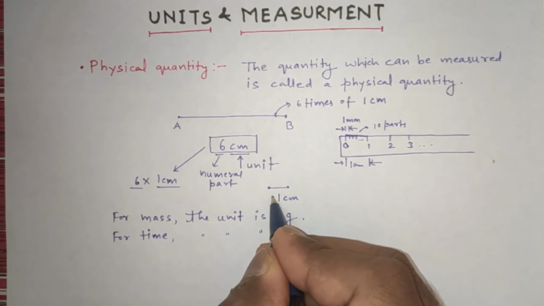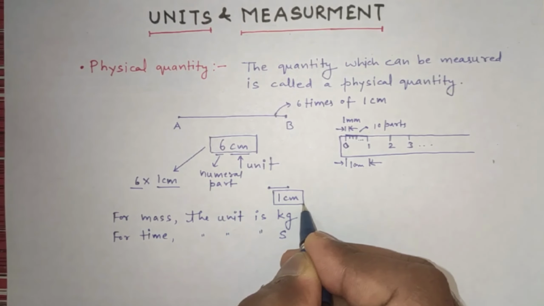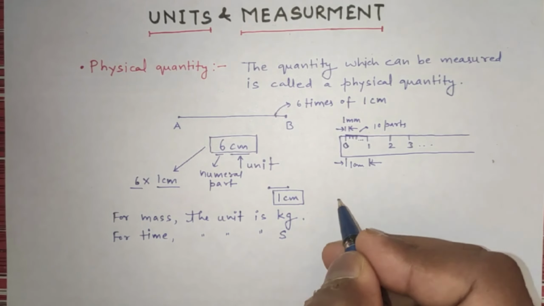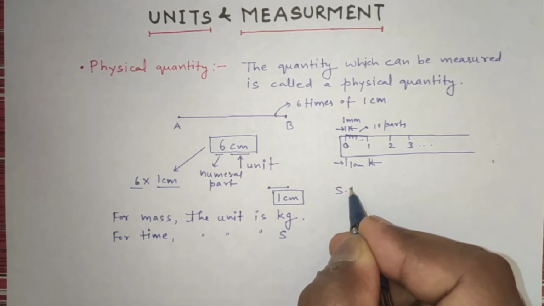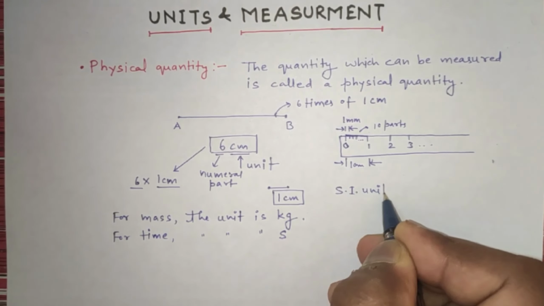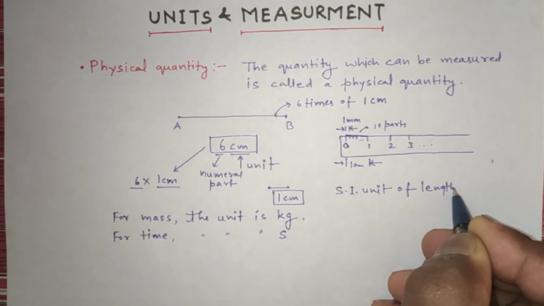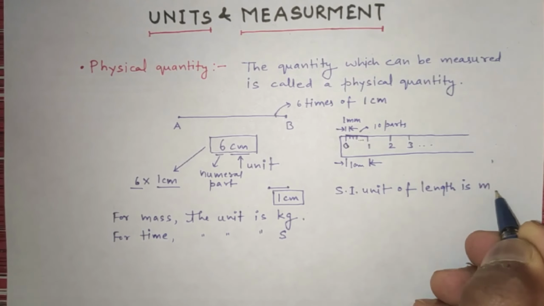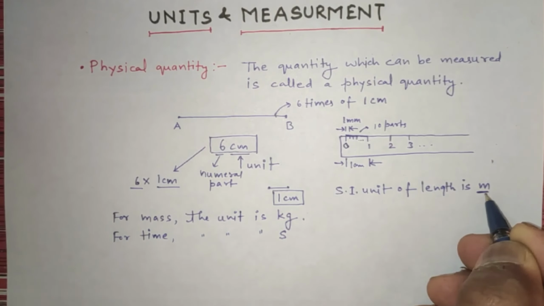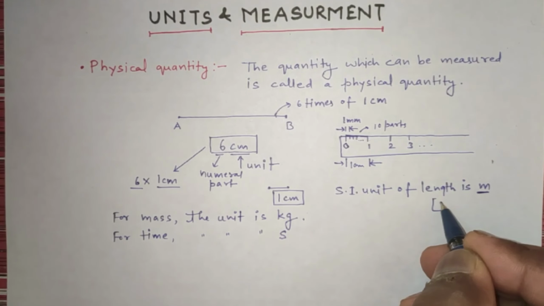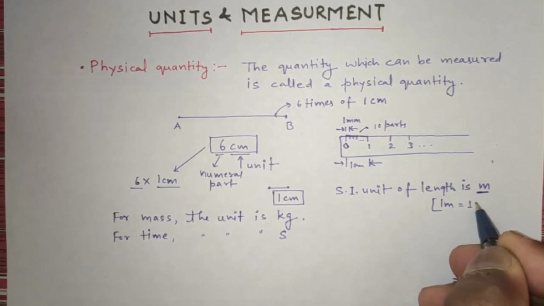Here we have taken the unit of length, but this is not the SI unit, this is the CGS unit. The SI unit of length is meter. It is bigger than this. For conversion we can write 1 meter equals to 100 centimeter.